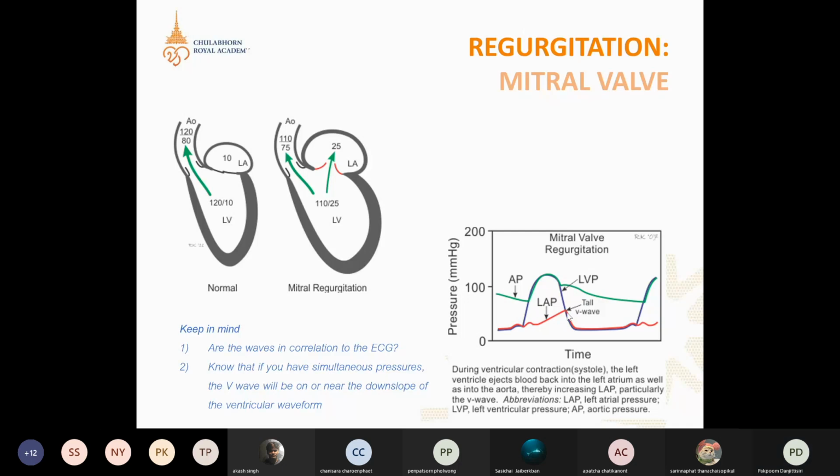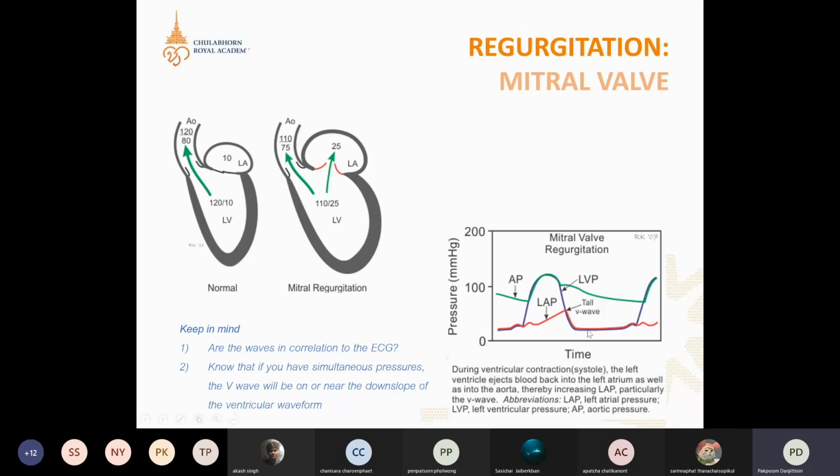So when we are looking at the left atrium at this phase, we will see that the left atrium receives blood from the lungs, and the LA will receive more blood from the left ventricle during pumping as well.